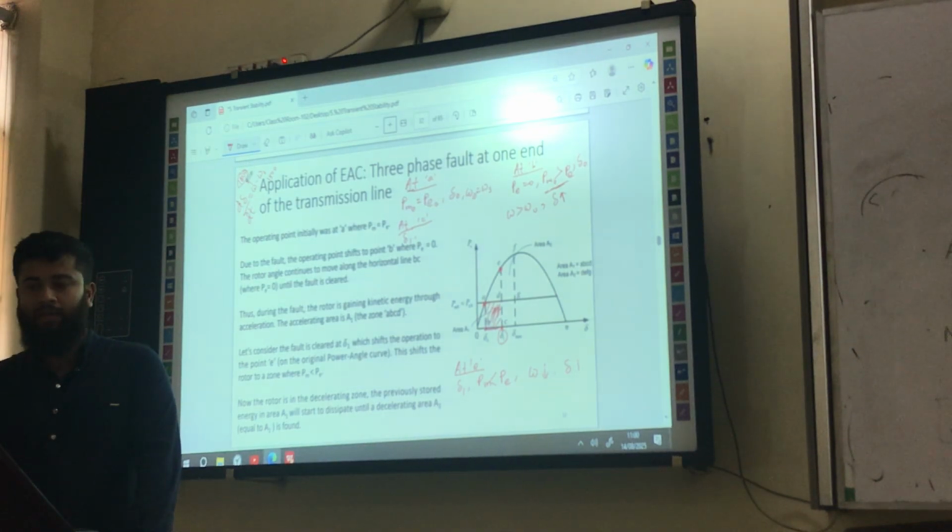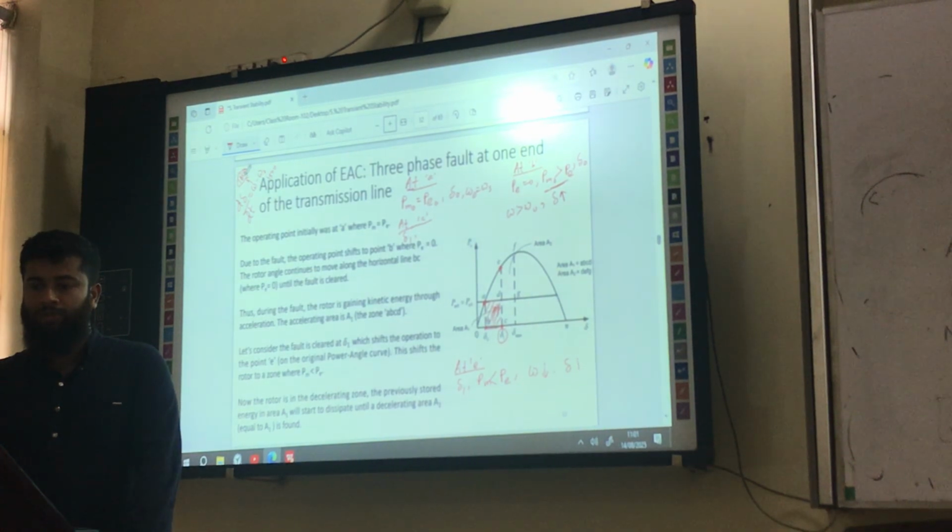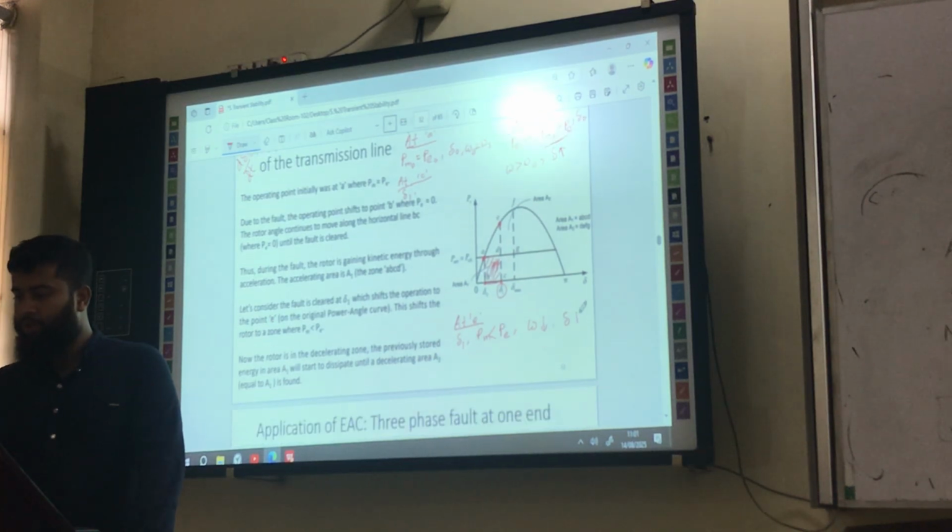From this point it starts to decrease, but it is still higher than omega naught, right? So it will decrease like 1750, 1700, 1650. But at that moment, this omega is still higher than omega naught, so the delta value will still increase, right?